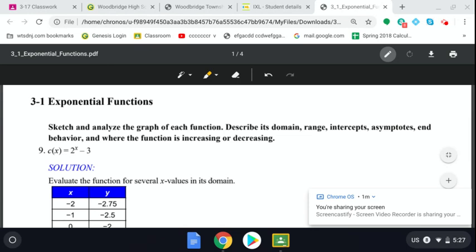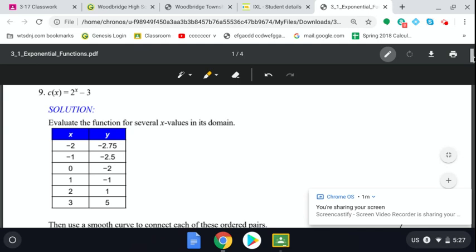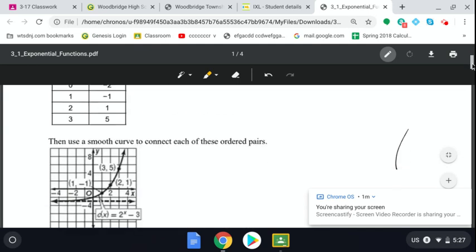You can clearly see if you enter this function on Desmos, and then you can pull out the table and see what values you have for y for any given x. Let me scroll this down. All right. So this would be a table that you would be able to see either on a graphing calculator or on Desmos.